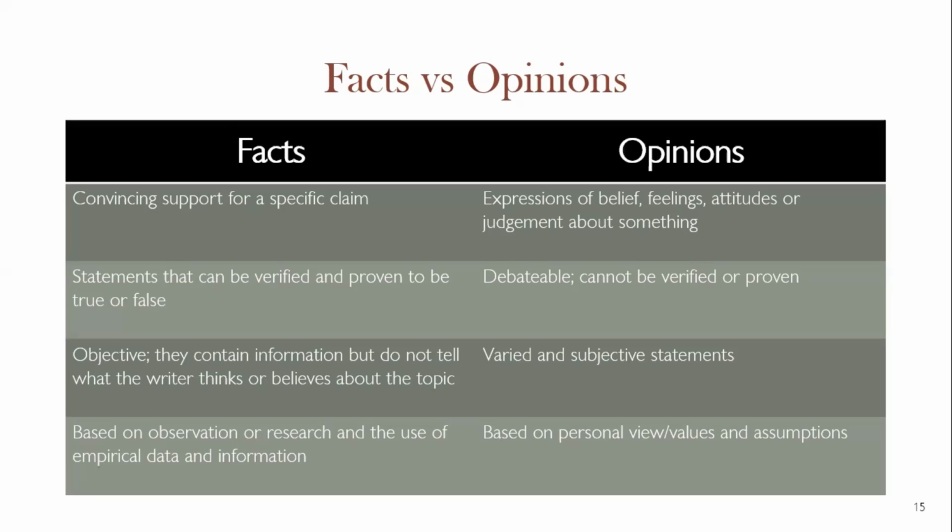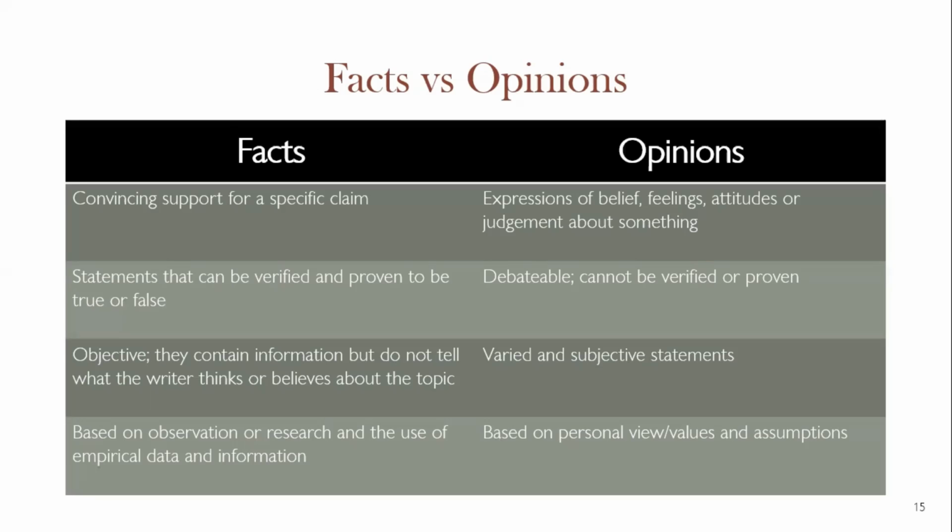So facts are also objective. They contain information but do not tell what the writer thinks or believes about the topic. So all of your personal beliefs, your feelings towards the topic, whether it's positive or negative, they cannot be in what you are writing or what the writer is expressing if they are expressing a factual statement.